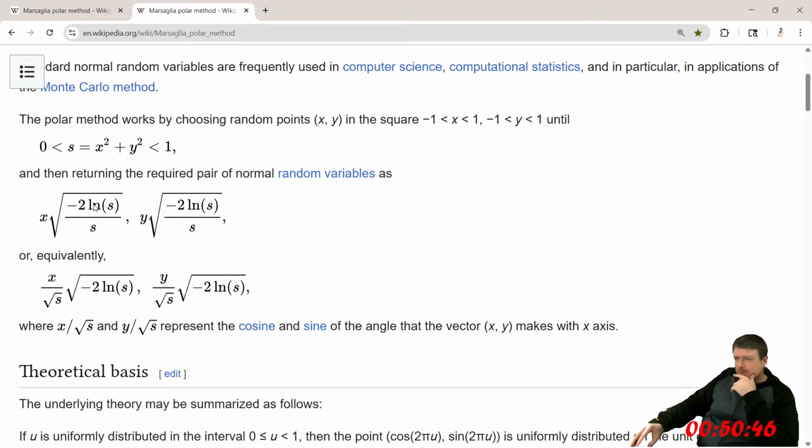And what do we do when we multiply the ln of f?